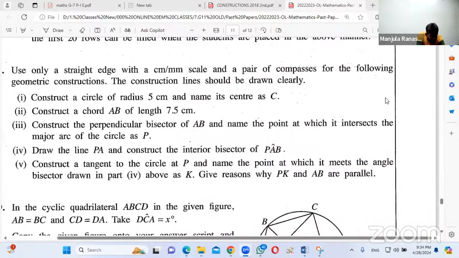Question number 8: construct using only a straight edge. So you are allowed to use a straight edge with the scale and a pair of compasses for the following geometric construction. The construction lines should be drawn clearly. First one, construct a circle of radius 5 centimeter and name its center as C.